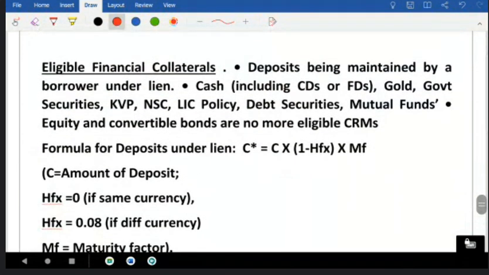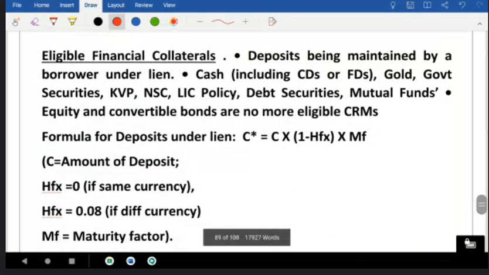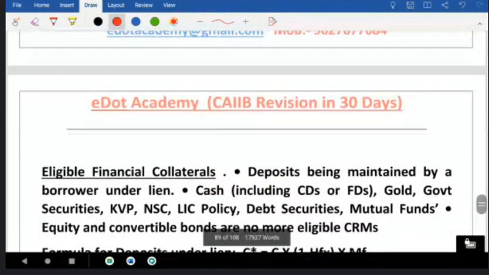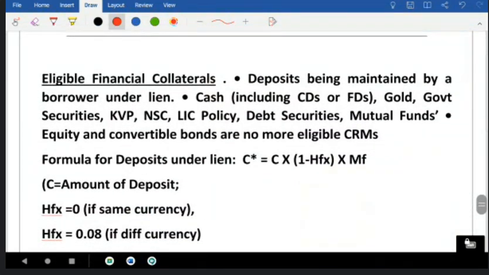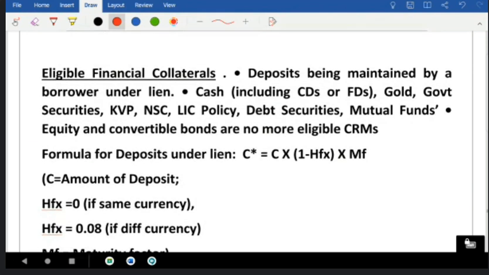Now, eligible financial collaterals means how this reduction will be done. That reduction is done with the help of haircuts. So we have come to a new concept called haircuts. Eligible financial collaterals: deposits maintained by borrowers under lien, cash including CDs, FDs, gold, government securities, NSC, LIC policy, debt securities, mutual fund, equity and non-equity, and convertible bonds are no more eligible in CRM.